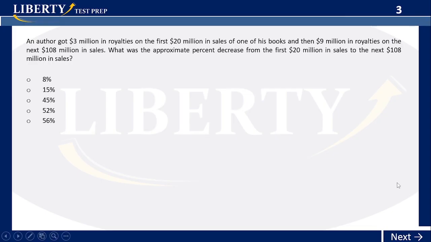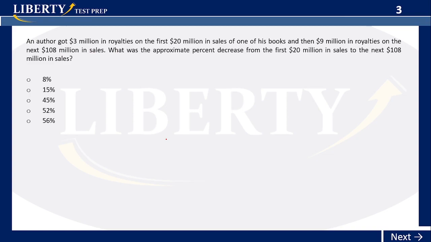All right, so now we're going to do this exercise. Again, you have 2 minutes, and after that I'm going to show you the right way. Here you have an author who got $3 million in royalties on the first 20 million in sales of one of his books, and then 9 million in royalties on the next 108 million in sales.